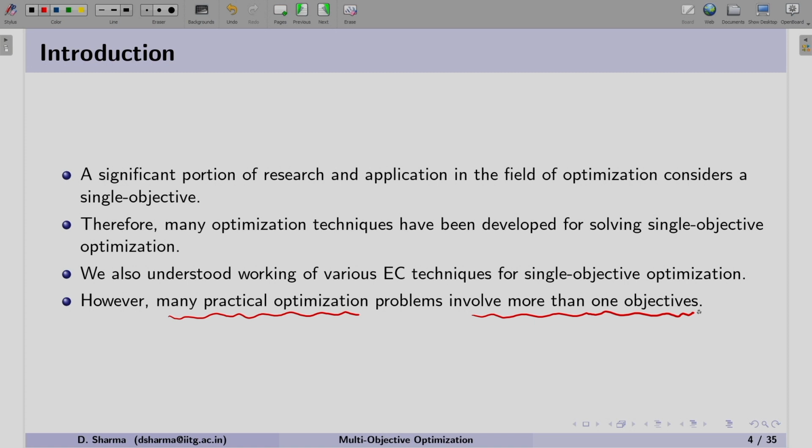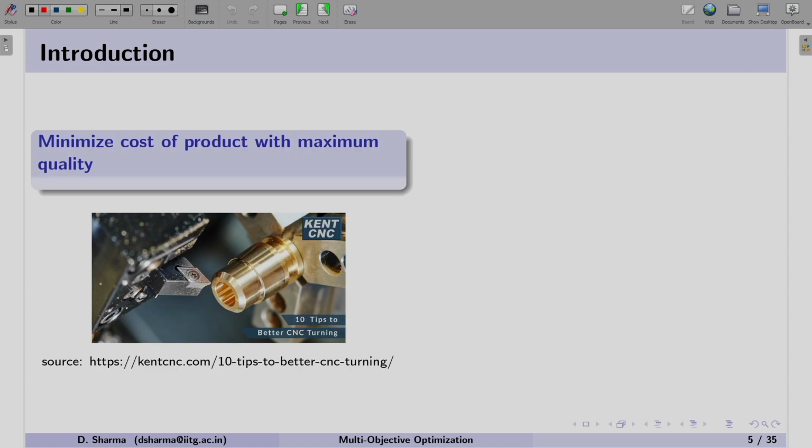So, let us see a few examples of multi-objective optimization. Let us begin with the very first example, which is coming from the domain of manufacturing. In this case, suppose we want to minimize the cost and at the same time we want to maximize the quality.